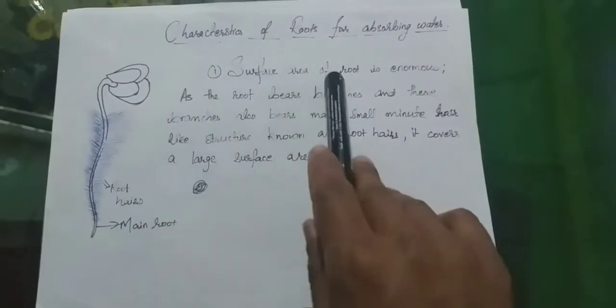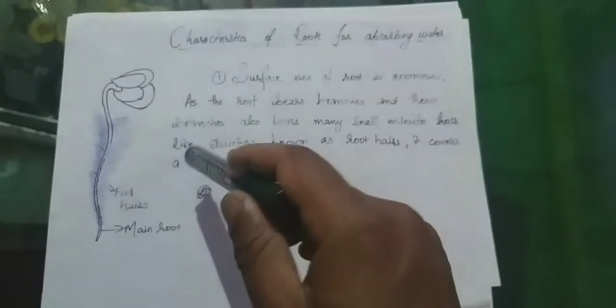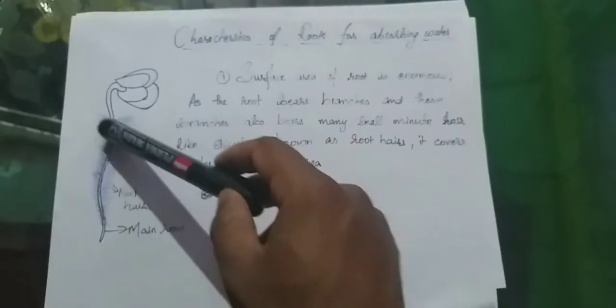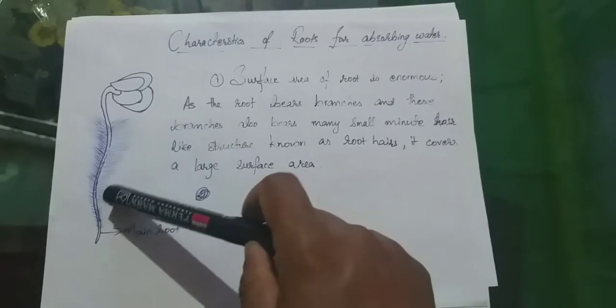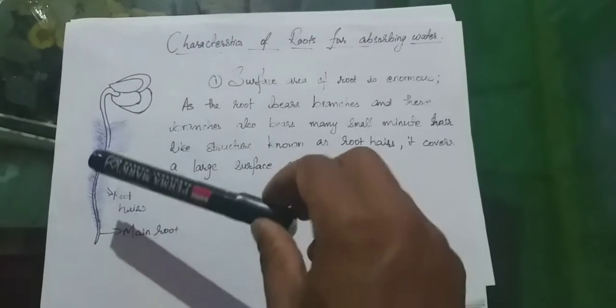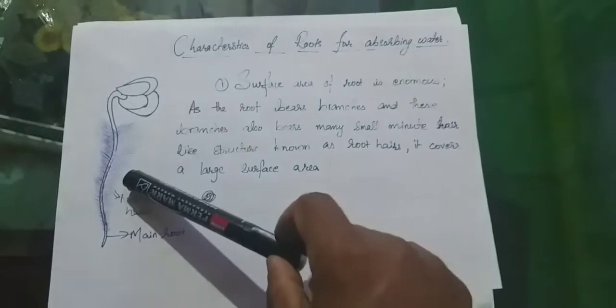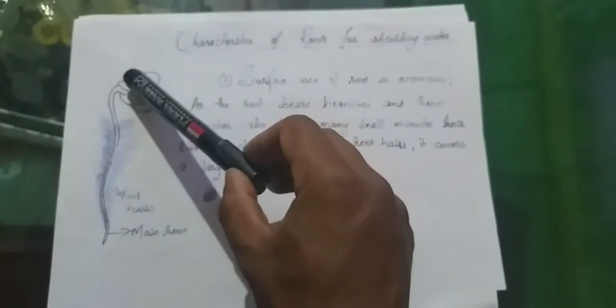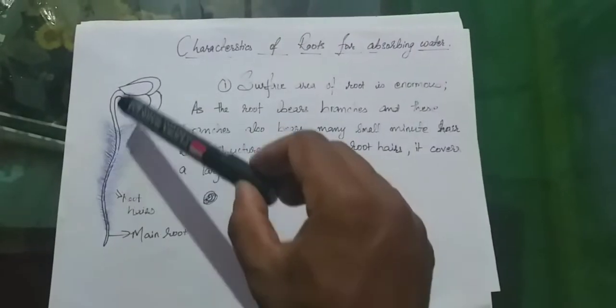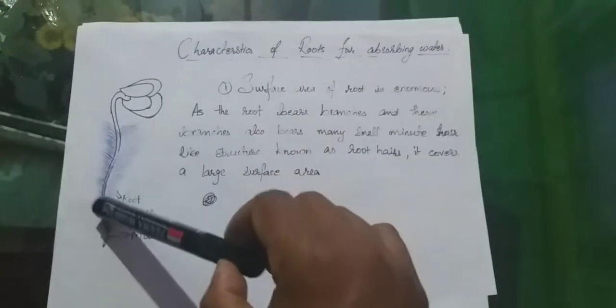Number 1, surface area of root is enormous. If we see with the naked eye, we can only see the main root. But if we see through a microscope or a magnifying glass, we will see that the surface area of root is enormous. If we take the root without root hair, the surface area is very little.